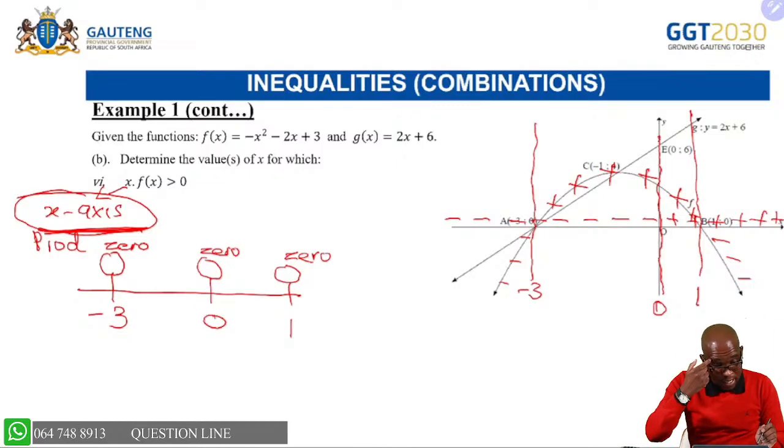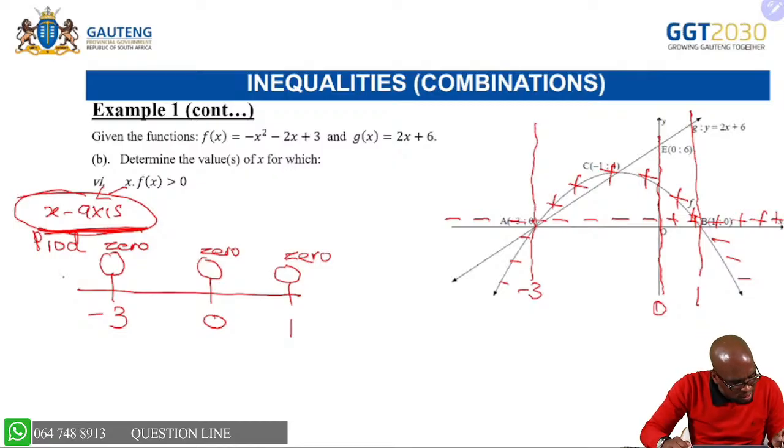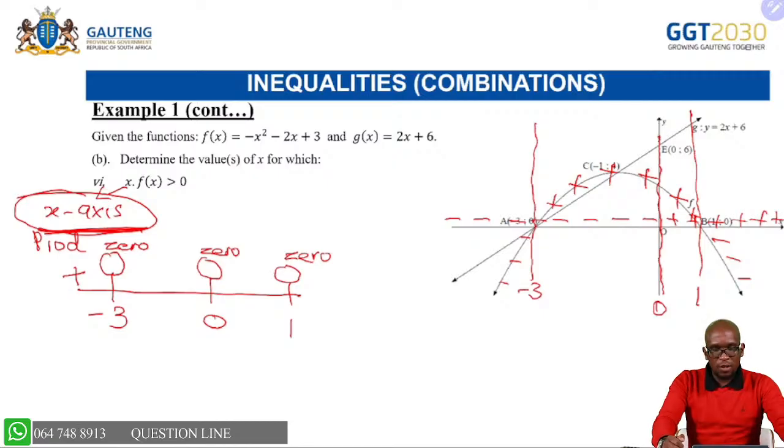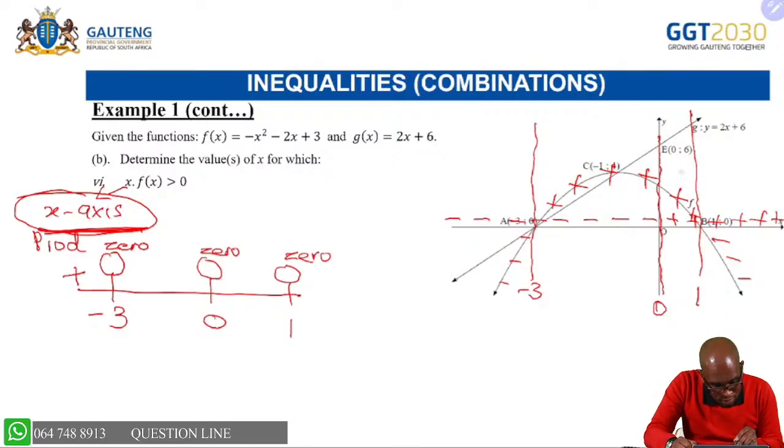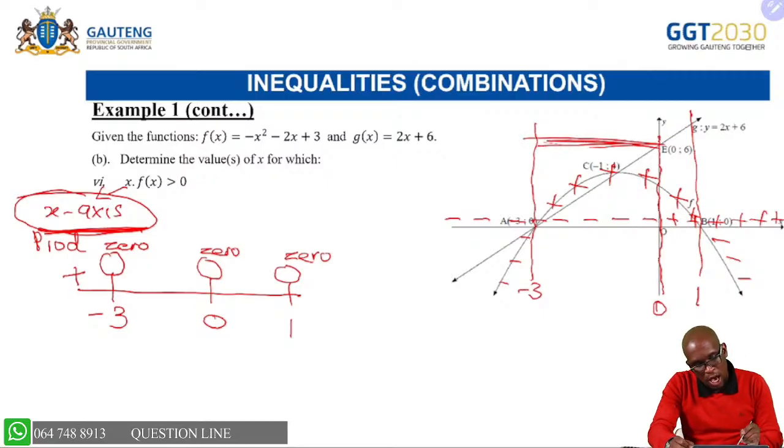From minus infinity to minus 3, you can see that both the signs are negative, which means that the combined effect would be positive there. And then we check from minus 3 to 0. In between here, you can see that f is positive and the x-axis negative.